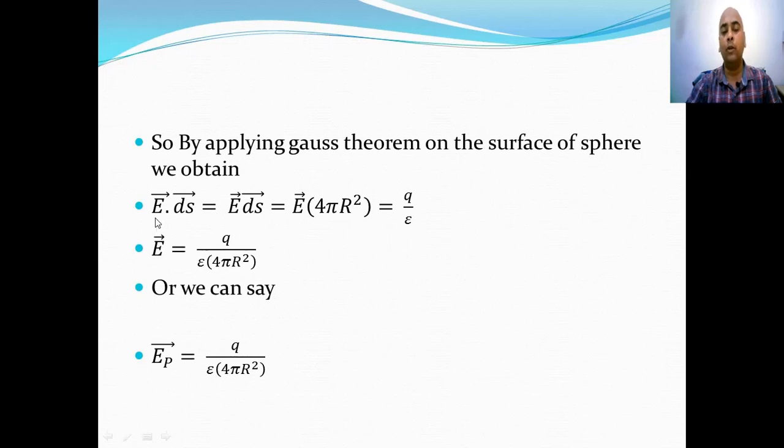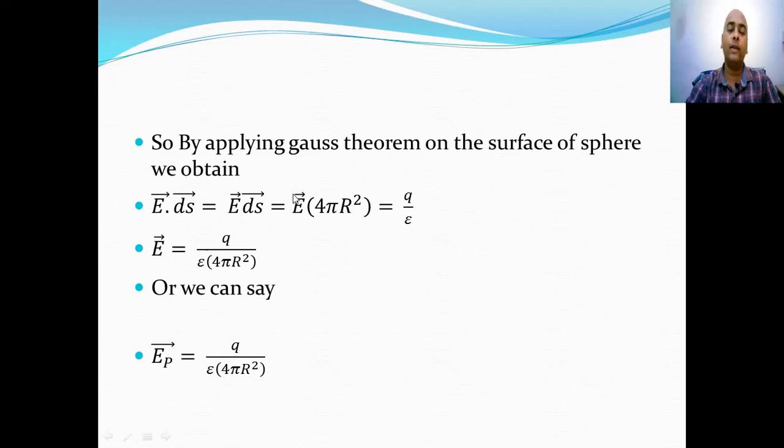The total flux is E dot ds, and as the angle between area vector ds and E is 0, it can simply be written as E ds, and the total surface area of the sphere is 4 pi capital R square.